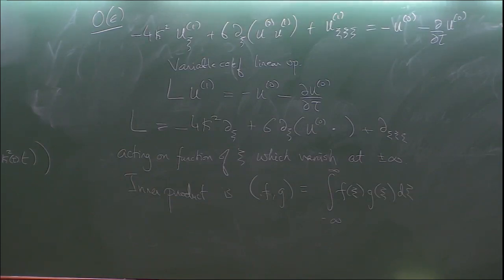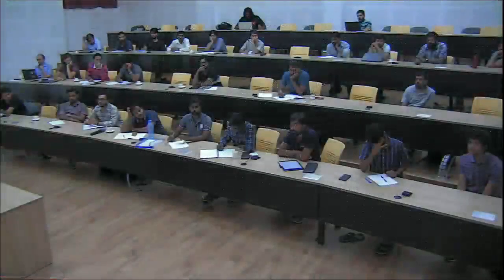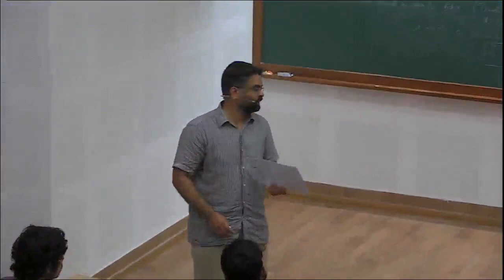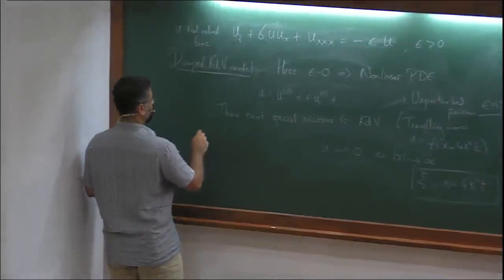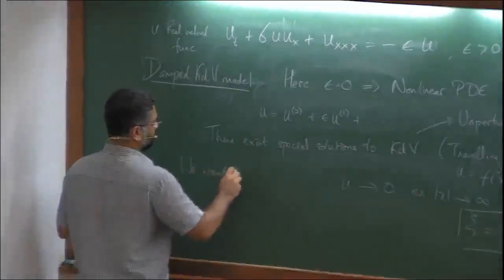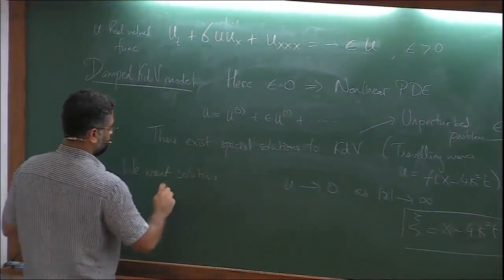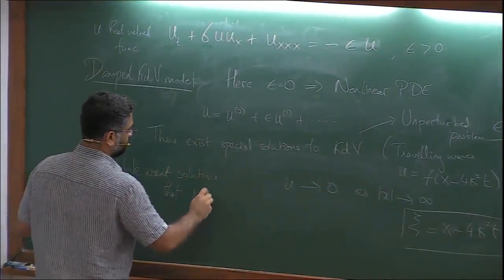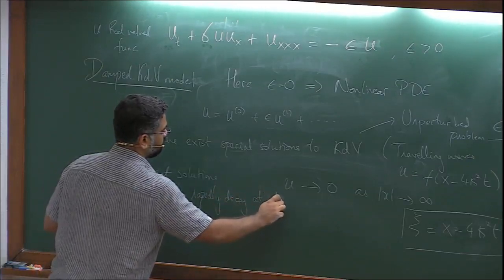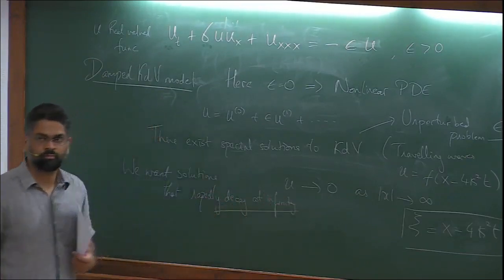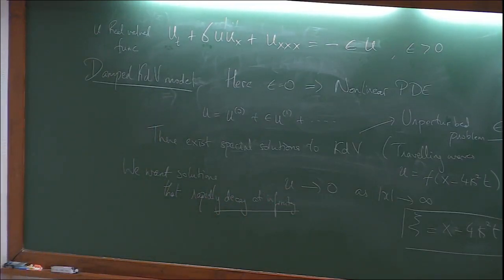If I chose both f and g in L2, a priori I have not made any assumption, and that's equivalent to never mentioning which Sobolev space I was working in for the other stuff. So just to make you comfortable, let's work with solutions that rapidly decay at infinity, rapidly meaning however fast you want.